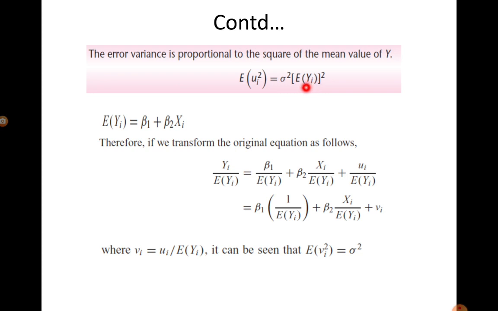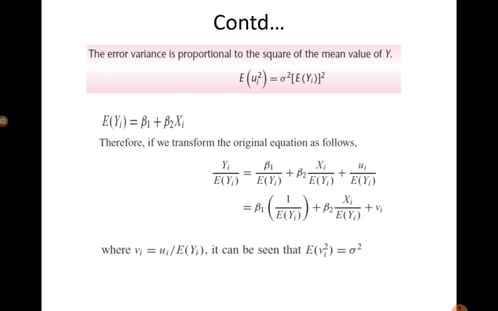Now you know that the expectation of yi, or the mean value of yi, is nothing but beta 1 plus beta 2 xi of the population regression function. So you can transform it by dividing it by expectation of yi, or the population mean yi, right? And the error term of the transformed model again is homoscedastic.